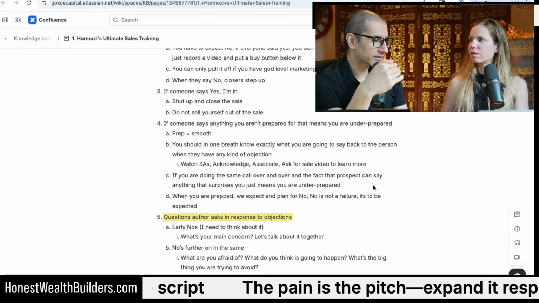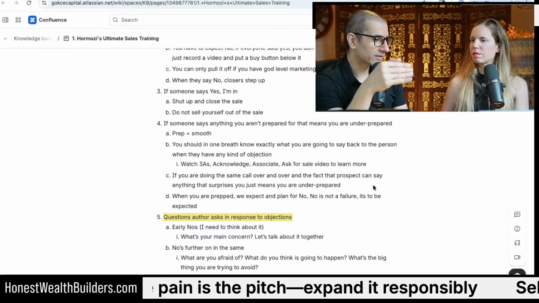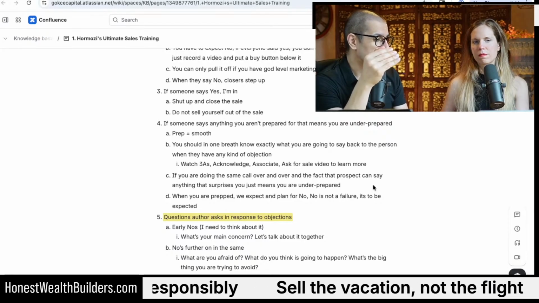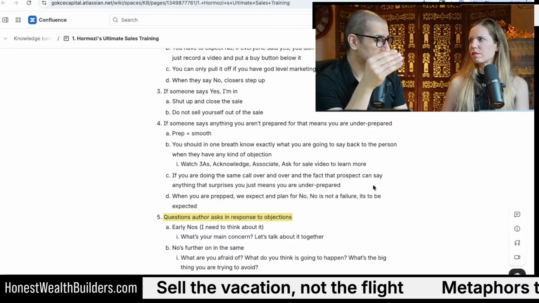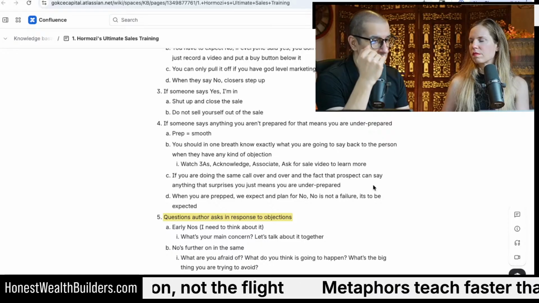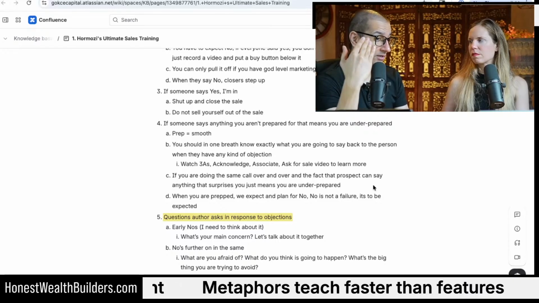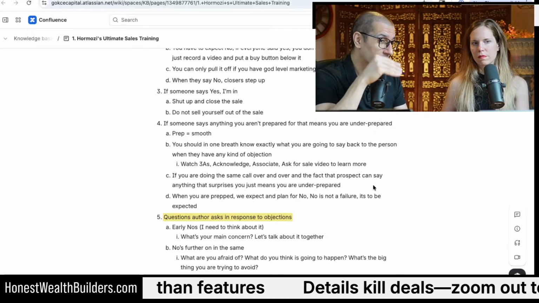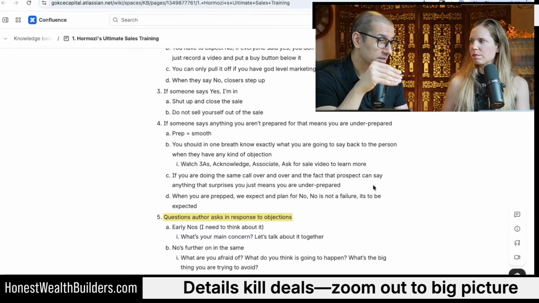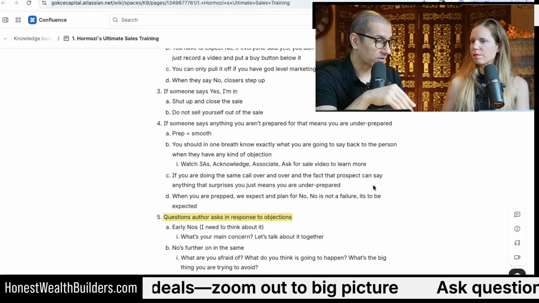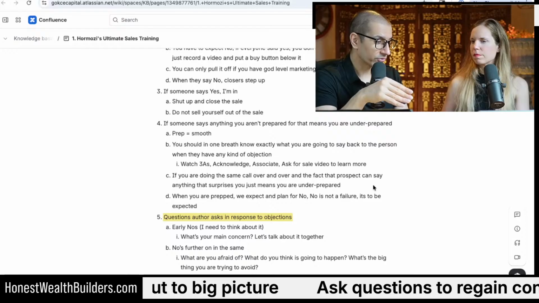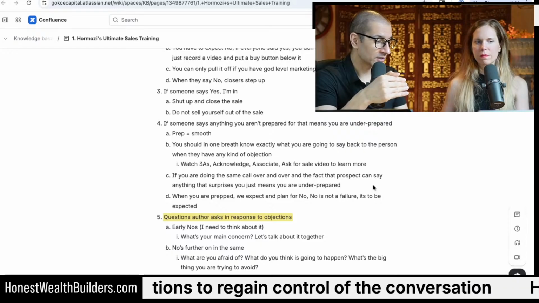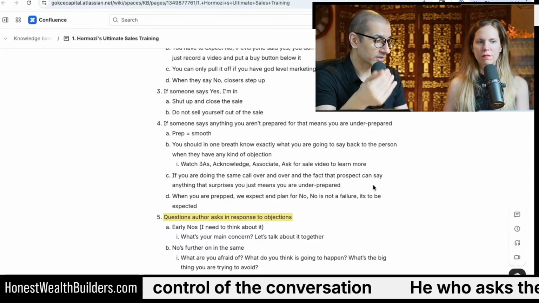If you have done 100 sales calls, on the 101st it should not happen that the prospect raises an objection you haven't heard in the previous 100 calls. If it does, and you did not prepare for that answer, clearly you're underprepared. Every call you review it and make sure all the objections were handled properly. If something was not handled properly, you prepare, so you're ready for the next call.